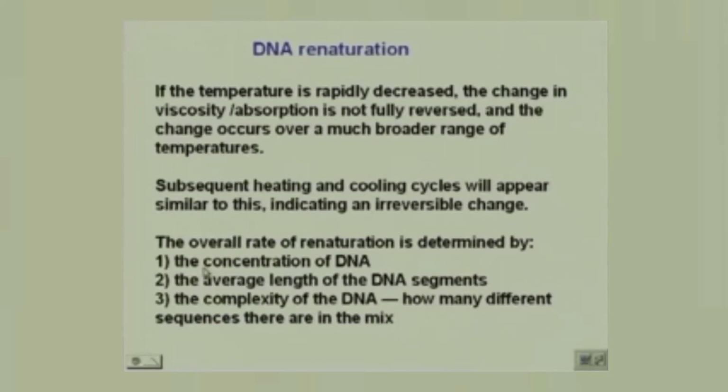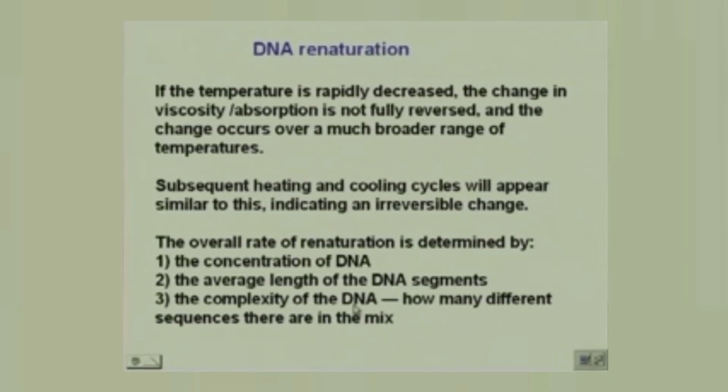Then it also depends upon the concentration of DNA. Okay? If the strands are too far apart, then it is unlikely that they are going to find the partner DNA. And also the complexity of the DNA. What do we mean by the complexity of the DNA? We have to remember, we look for complementarity in the bases, right.